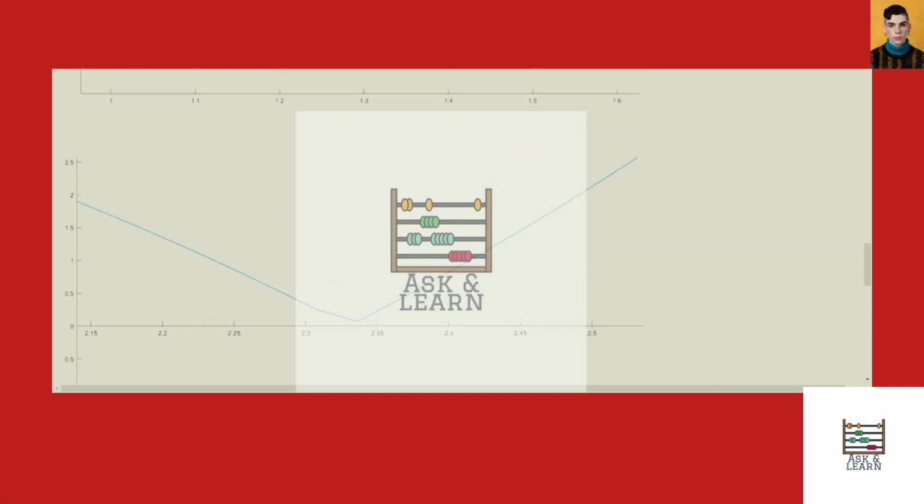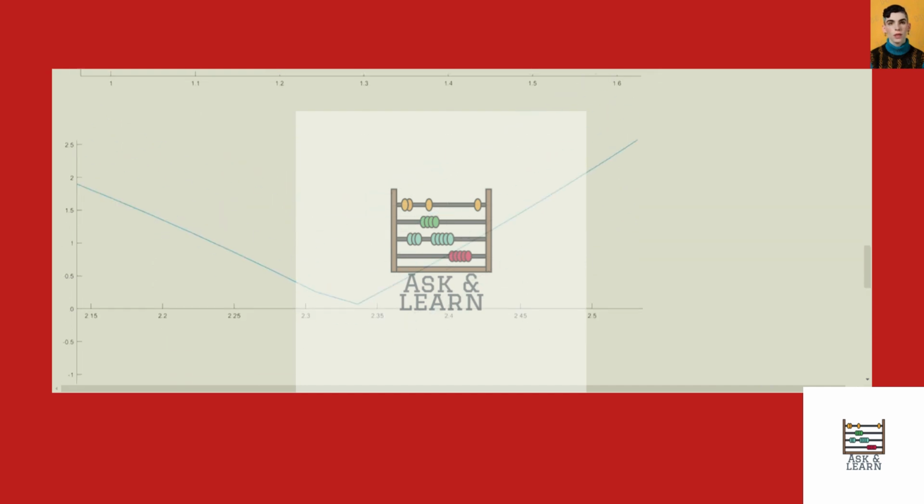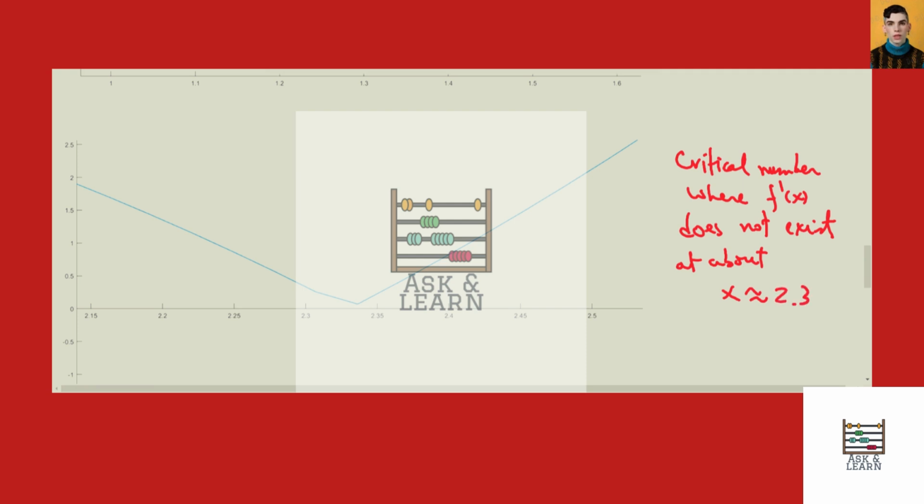And this is the last one, so it's a critical number where the derivative of f does not exist at about x is 2.3, more or less.